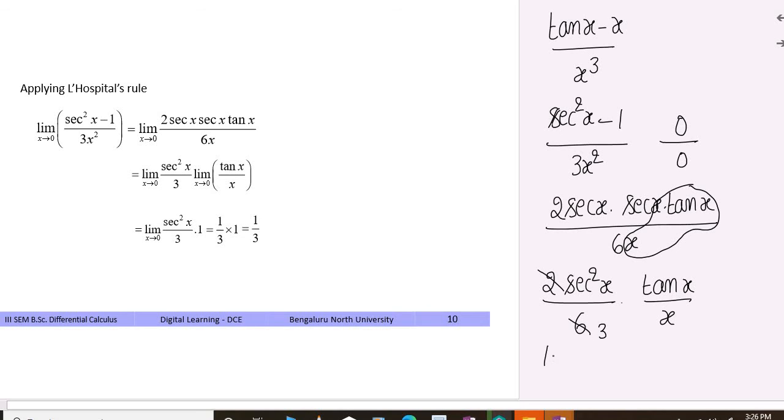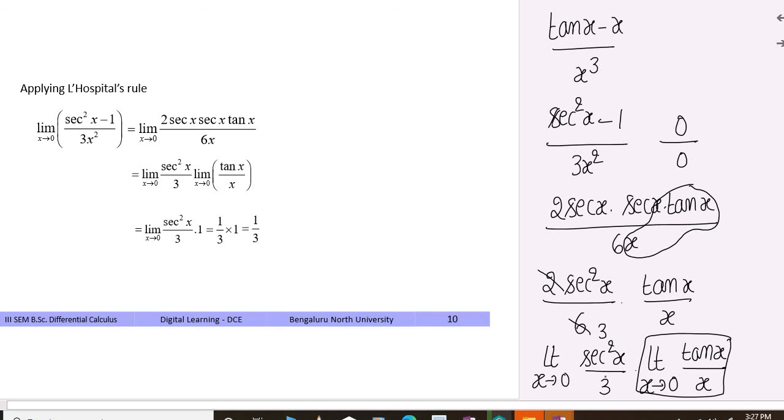Now again I am going to apply separate limits for these functions. Then we are going to get this step. But I know the value of the second limit is 1. 1 into anything equal to anything.